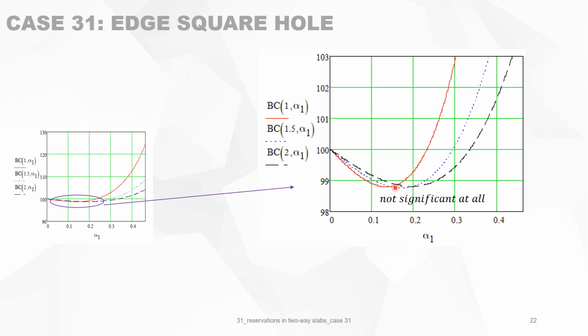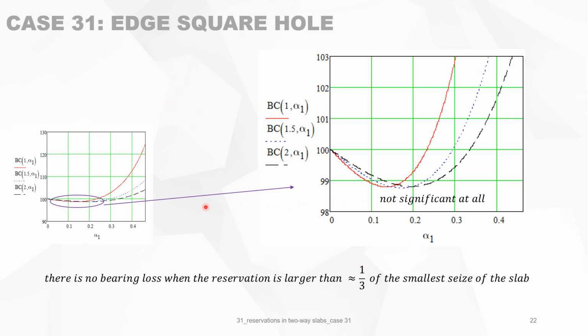And we can say that the bearing capacity is untouched by making a case 31 reservation. To be absolutely sure, we can say that there is no bearing loss when the reservation is larger than 1/3, 0.33, somewhere here, when it's larger than 1/3 of the smallest size of the slab.